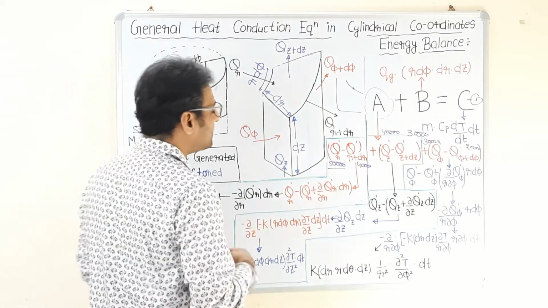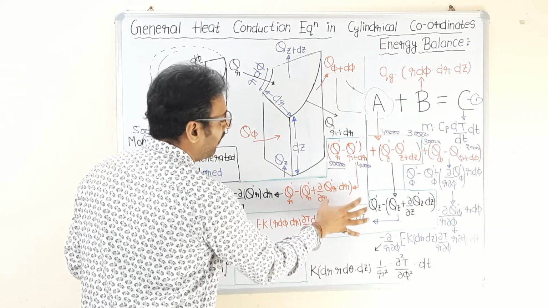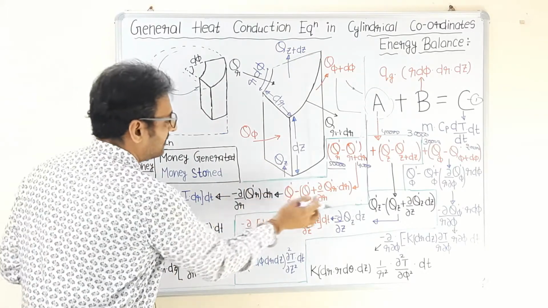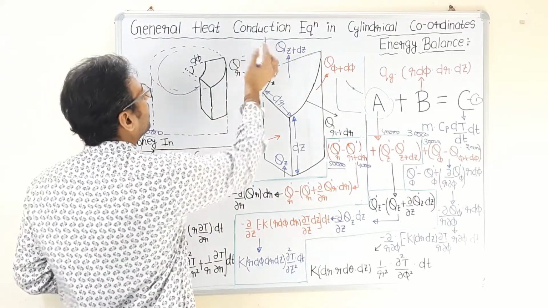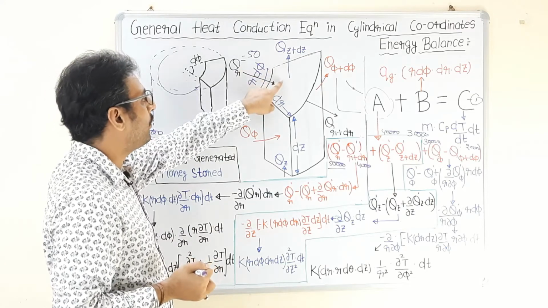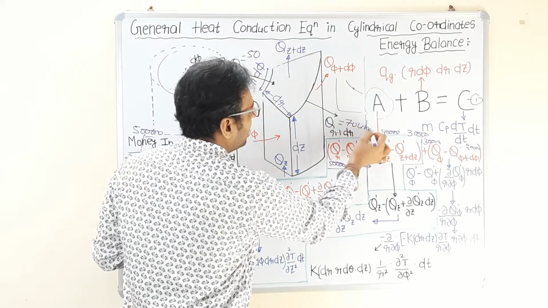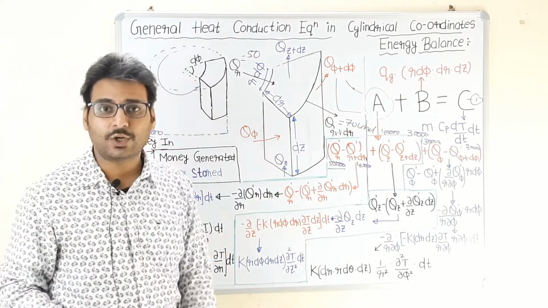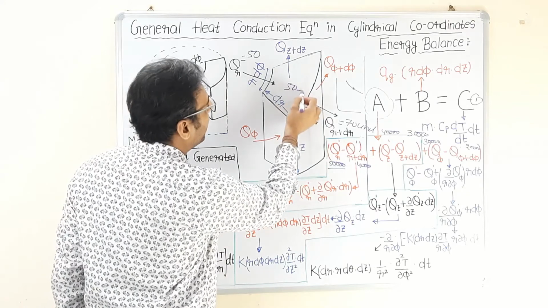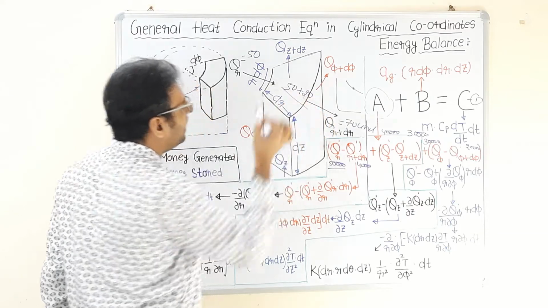So from Taylor series expansion, Q_r+dr is basically Q_r plus del upon del r of Q_r into dr. What this equation is showing is, if 50 units of heat is entering the control volume in radial direction and 70 units of heat is leaving the control volume in radial direction, then this 70 units can be written as 50 plus 20: heat entering the control volume plus change of the heat in the control volume.